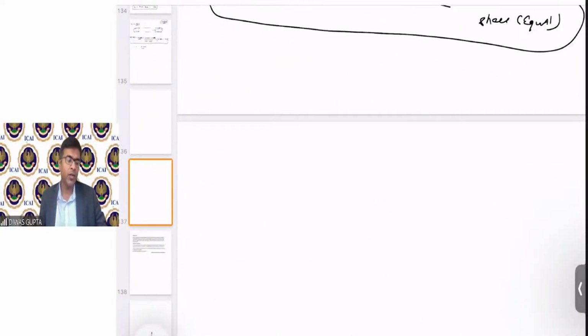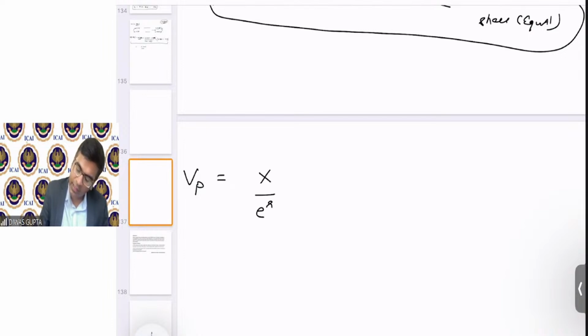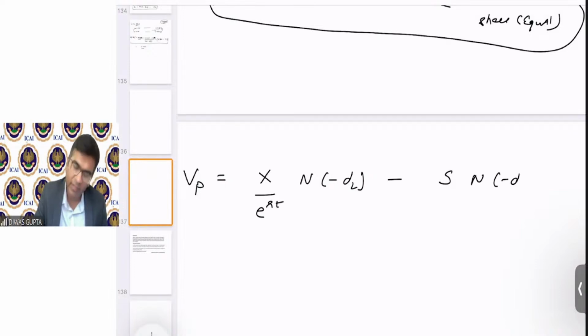The only thing that we need to remember is this, that the value of put will be X divided by e raised to the power rT, or X into e raised to the power minus rT, whichever way you want to see, into N(-d2), minus spot multiplied by N(-d1).